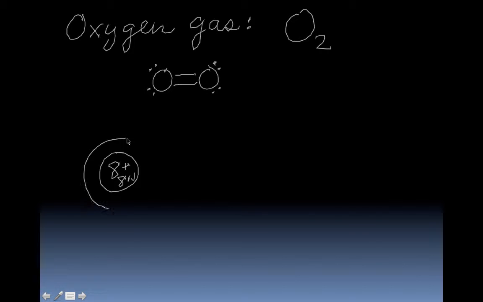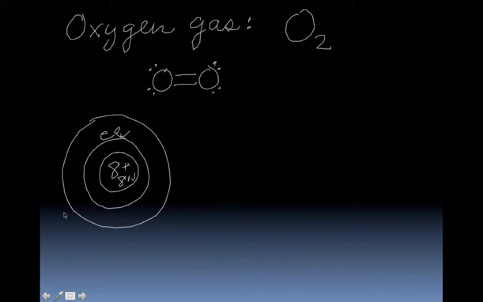So in the first electron shell, we have 1, 2. Second electron shell, 3, 4, 5, 6, 7, 8 electrons total. There's one neutral oxygen atom, and notice it has 6 valence electrons, 2 of which are unstable because they're unpaired.